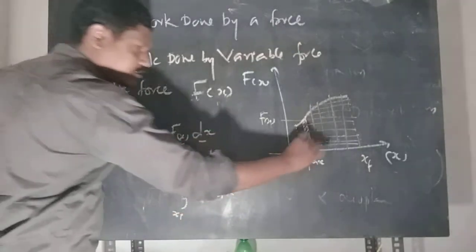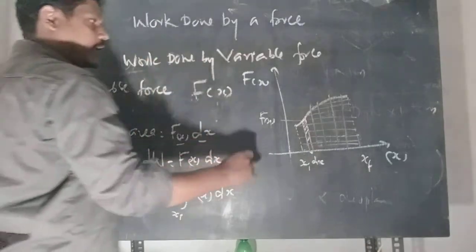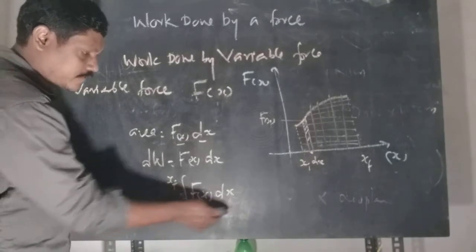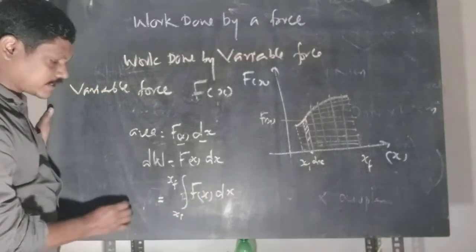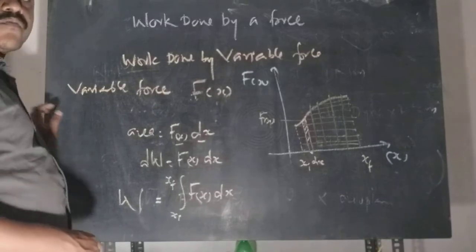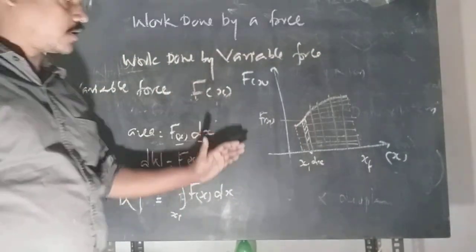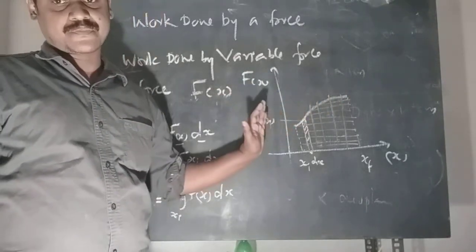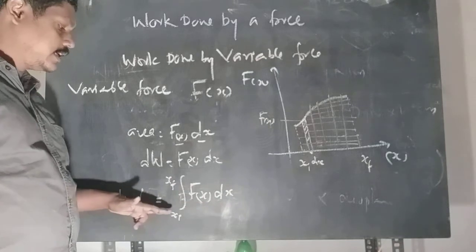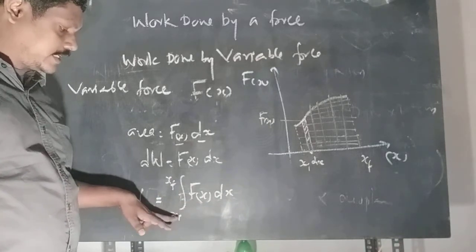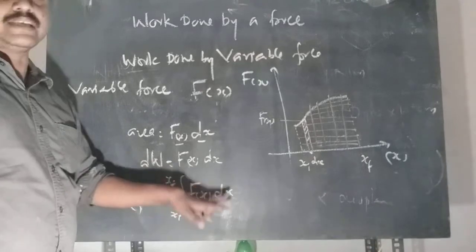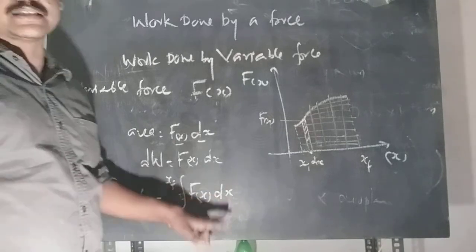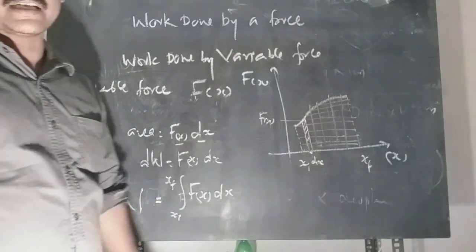If F(x) dx is the small area of a rectangular strip, to find the total area under the graph we integrate from xi to xf. This gives the total work done. So work done by a variable force equals the total area under the force displacement graph, and mathematically it is the integral from xi to xf of F(x) dx, where F(x) is the variable force and dx is the displacement in that short interval.